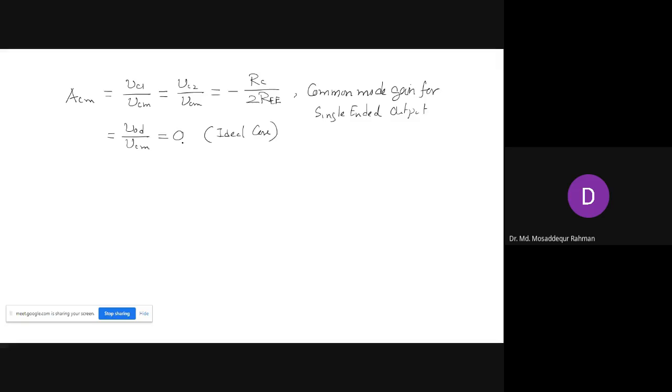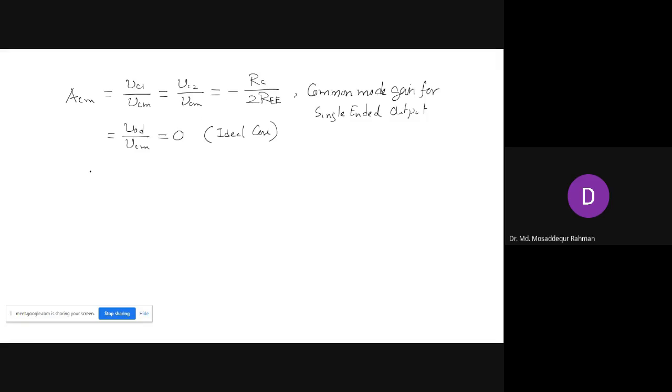Even for the non-ideal case, this will be small, because there will be a small difference between the two sides. So we'll have some output voltage, but even that will be small compared to what we have for the single-ended output. There's nothing cancelling out, so usually it is large, right?